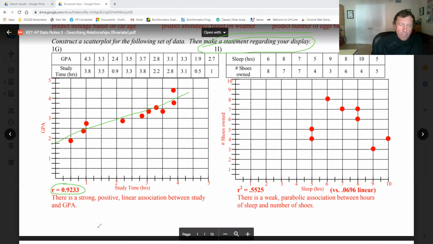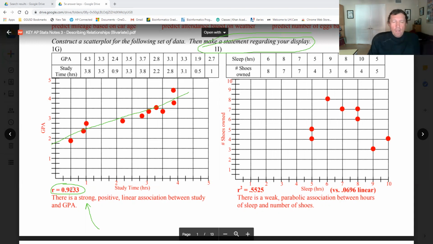You're going to use one of 3 words where the arrow is: strong, mild, or weak. And I will give you barriers as to where you use strong, mild, and weak. But this one is definitely strong.